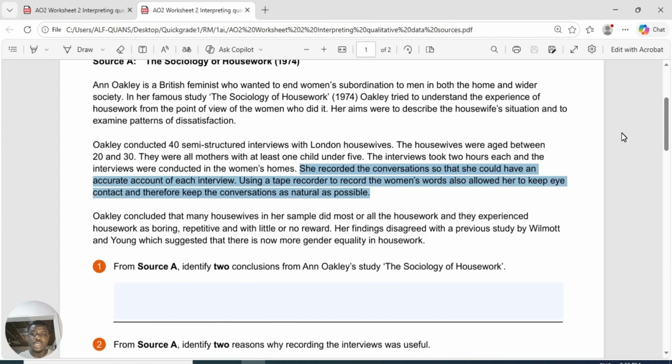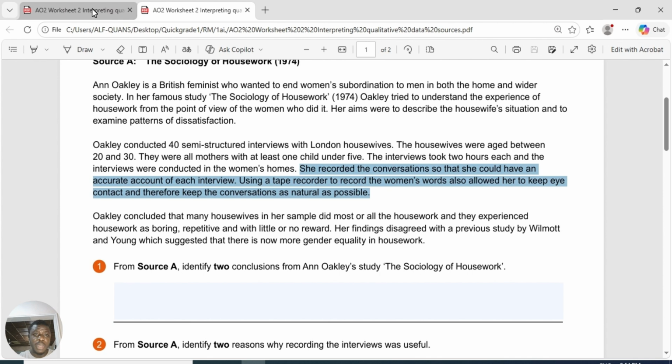She recorded the conversation so that she could have an accurate account of each interview. Using a tape recorder to record the women's words also allowed her to keep eye contact and therefore keep the conversations as natural as possible.